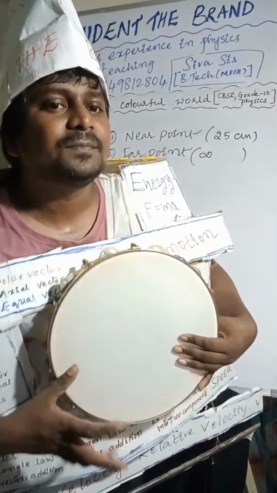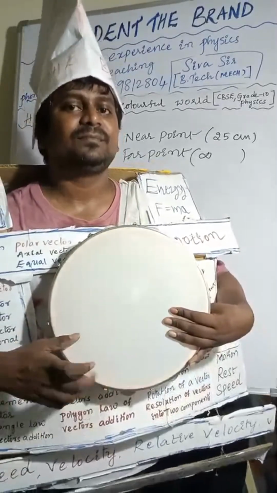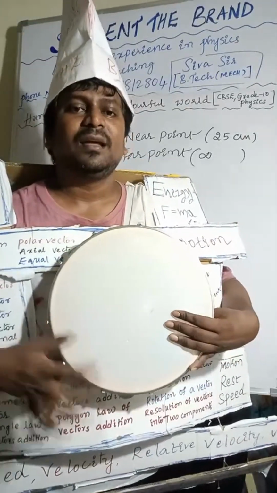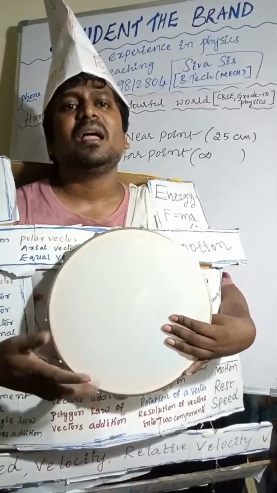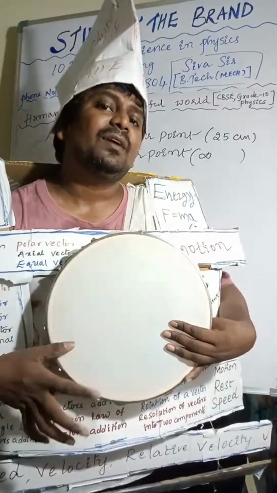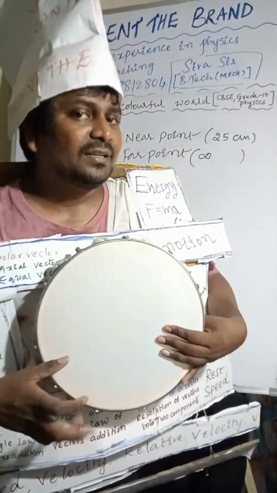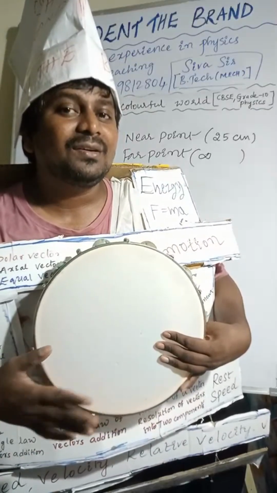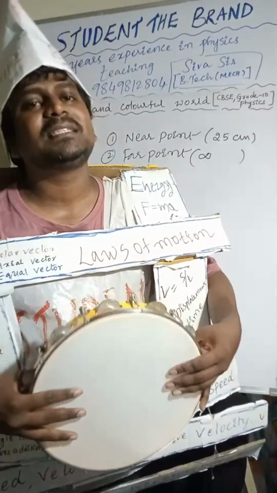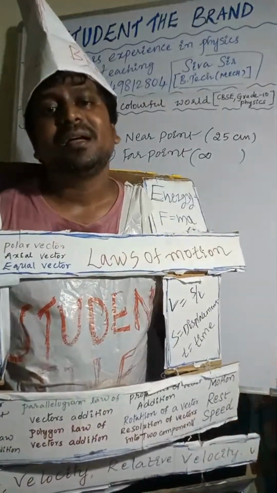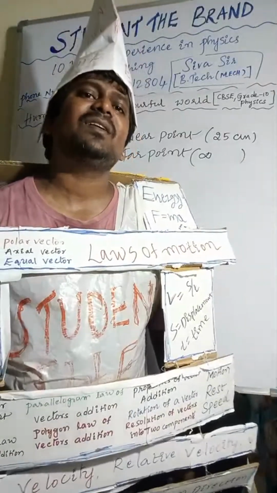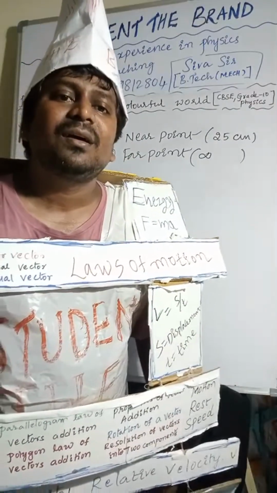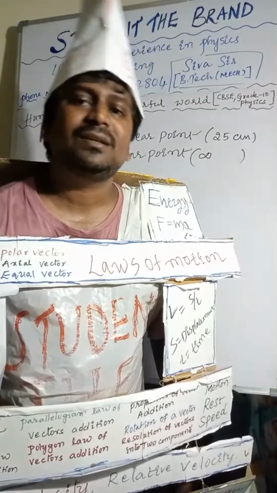Far distance we can see, near distance we can't see. For the correction of hypermetropia we are using a convex lens.